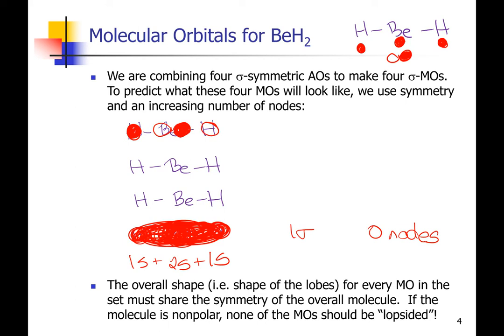And so this then gives me a molecular orbital that has 1, 2, 3 nodes. And that's going to be my 4 sigma because it's the highest of the set of 4. And if I look at that, that should look very much anti-bonding to you.